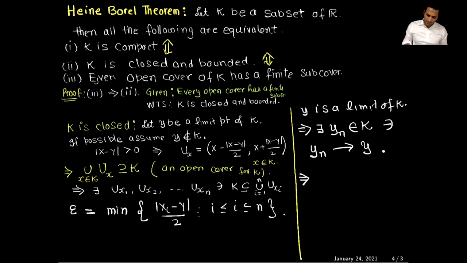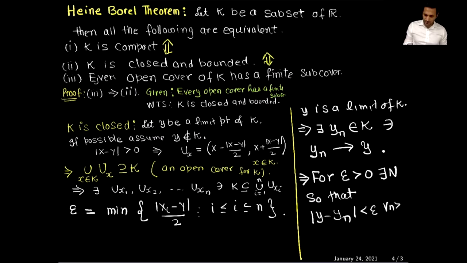So if this sequence is convergent, it means for this epsilon, which is definitely a positive epsilon, there exists a capital N such that the distance between y and y_n is less than epsilon for all n bigger than capital N. In particular, this statement is also true when little n is equal to capital N. So that means |y minus y_N| is less than epsilon.